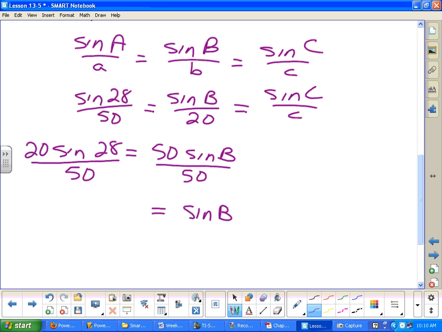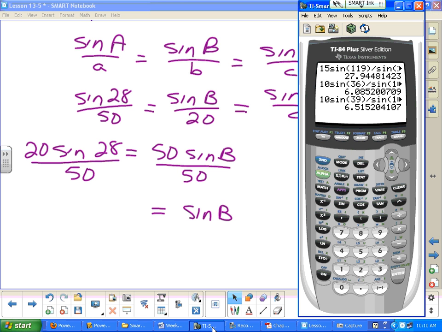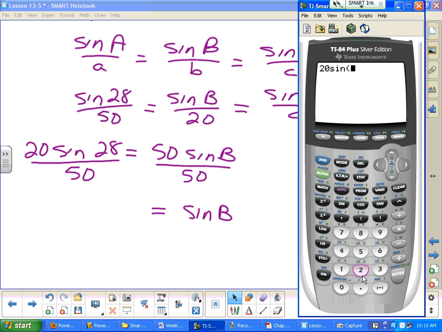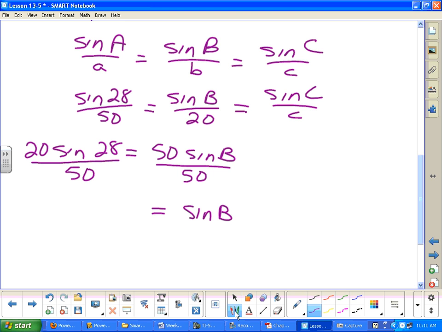So 20 times the sine of 28 divided by 50 equals 0.1878, or 0.187886251. If you're going to write any numbers down, you need to write four decimal places. So 0.1878, I'm going to write that down.